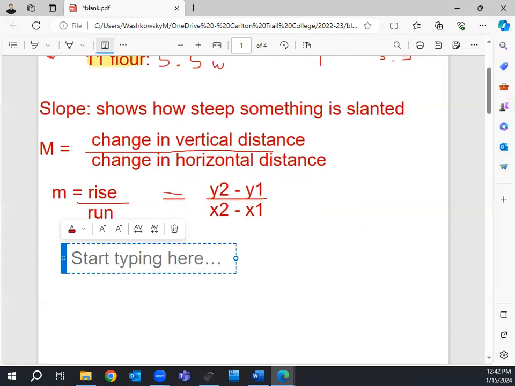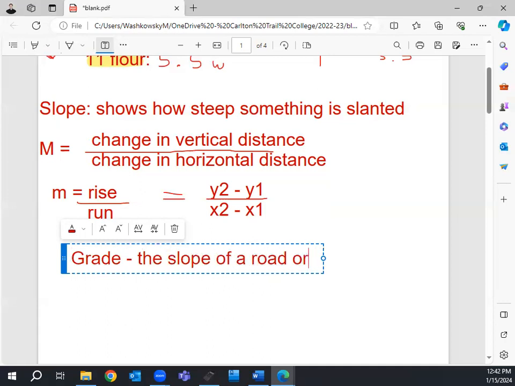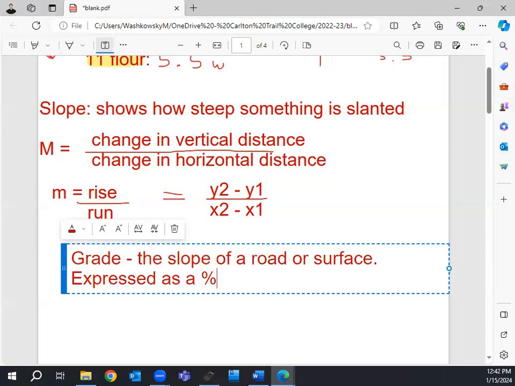So we were also introduced to a couple things. One was grade, if you remember. This specifically is the slope of a road or a surface. And it's usually expressed as a percentage.